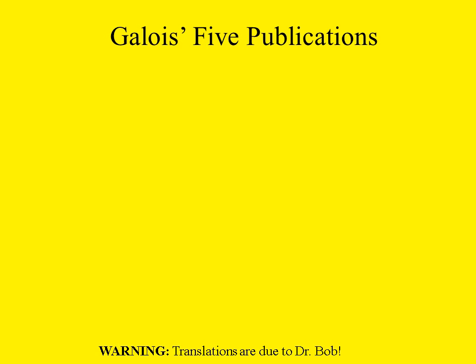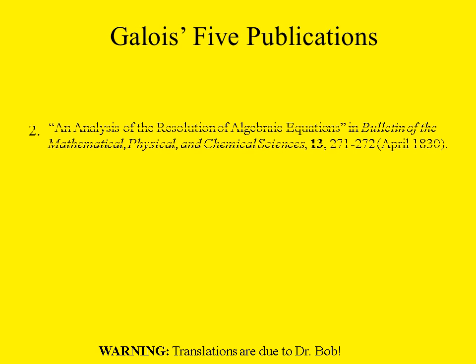Mid-1830 did see a bit of recognition for Galois' work. In April 1830, he published An Analysis of the Resolution of Algebraic Equations in Bulletin of the Mathematical, Physical, and Chemical Sciences.